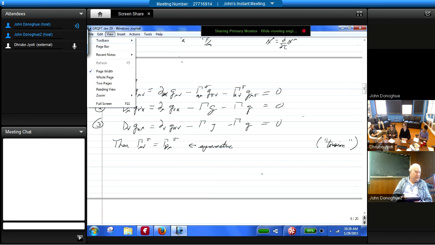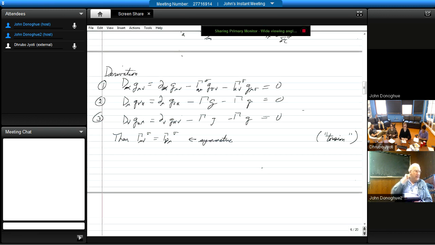Okay, if you do that, then you take 1/2 of 1 minus 1/2 of 2 plus 3, and that turns into the equation of gamma mu nu sigma g sigma alpha is this.